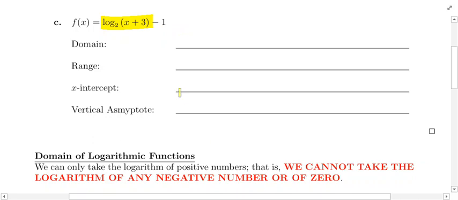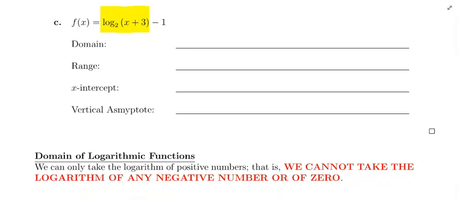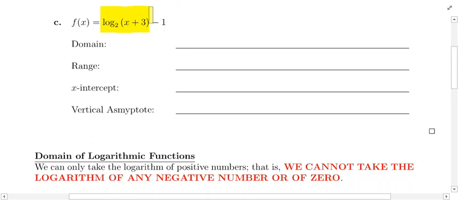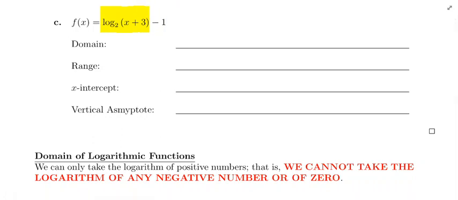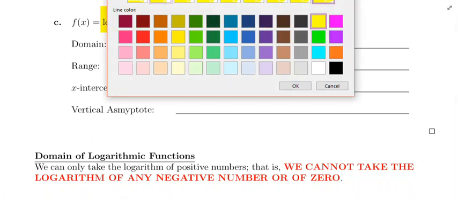So this is just going to involve another transformation, this time of the light blue graph. All we have to do now is factor in this -1, where we're subtracting 1 outside of parentheses.